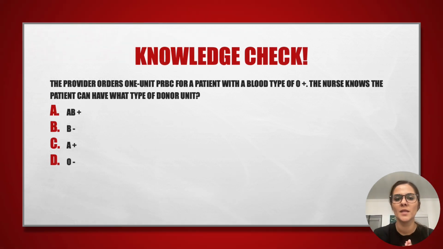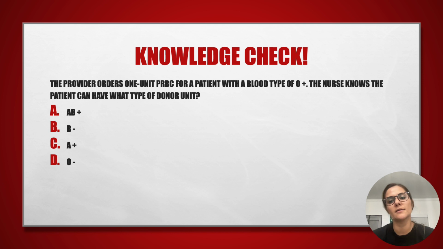Knowledge check. The provider orders 1 unit packed red blood cells for a patient with a blood type of O positive. The nurse knows the patient can have which type of donor unit? We know that O is the only type that can receive from other O donors.